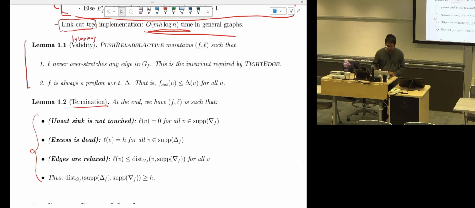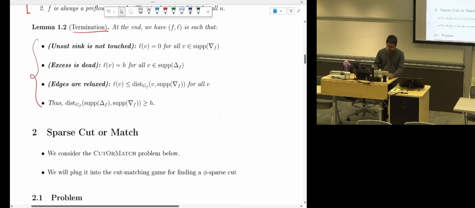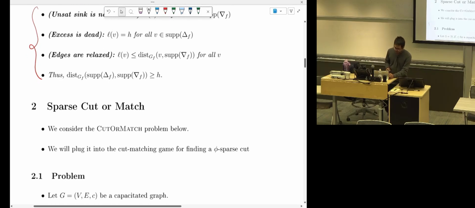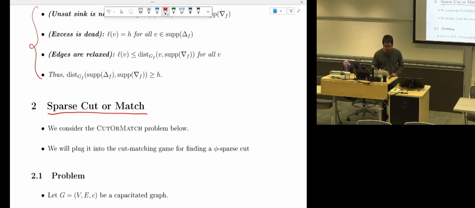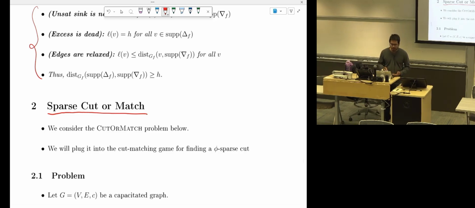Okay. Right. So now what we're gonna do is use it to do something about sparse cut. The problem that we will solve is this sparse cut or match.